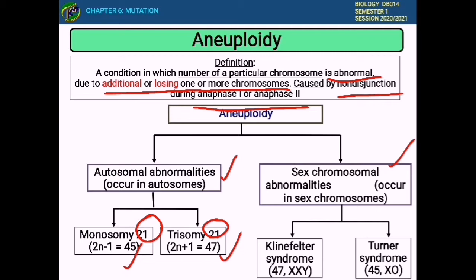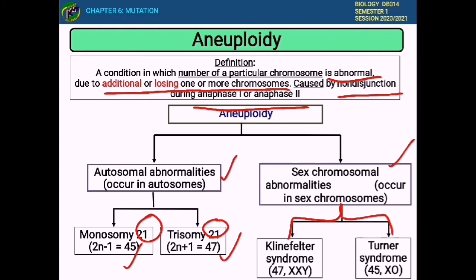Sex abnormalities occur in the sex chromosomes, which are XX for a female or XY for a male. Here we have Klinefelter syndrome and Turner syndrome.